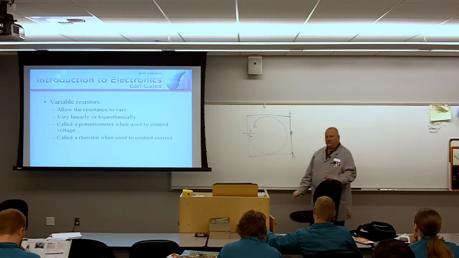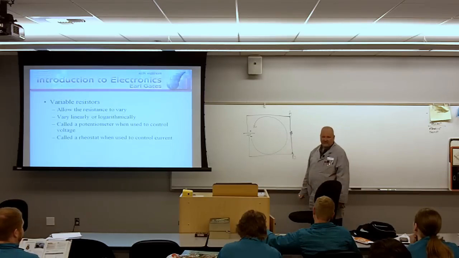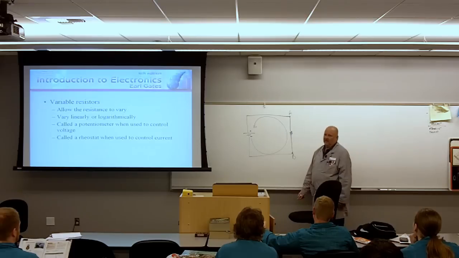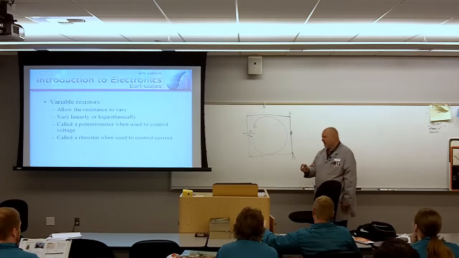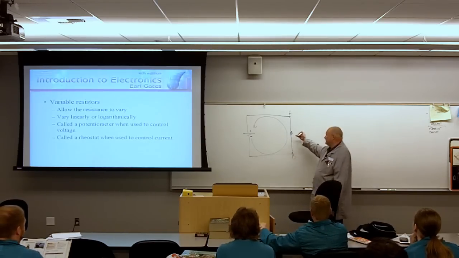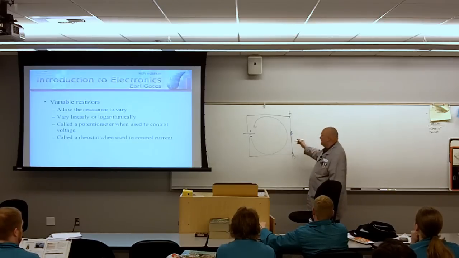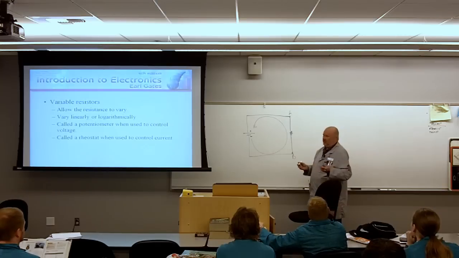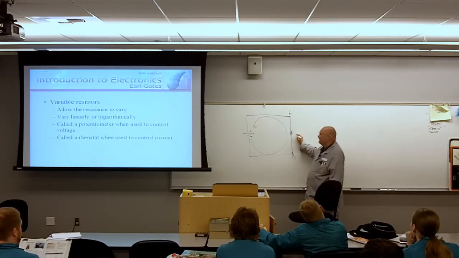And when it encounters this resistance, it's going to limit how much current flows through this circuit. Do you agree with me with that? Okay? So, this is a fixed resistor. If I go ahead and turn this into a variable resistor, a variable resistor has a third lead on it.